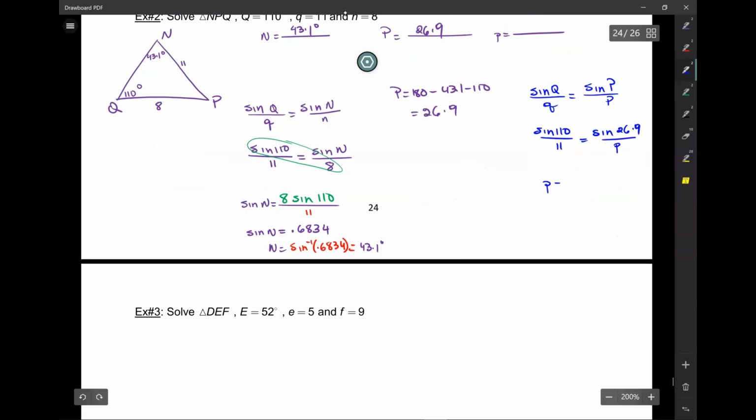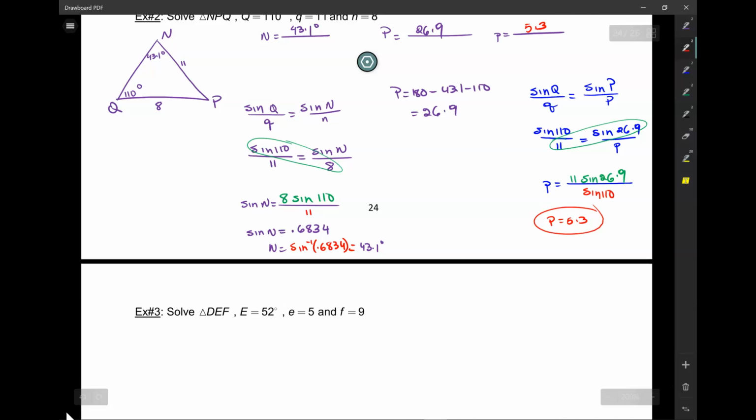So p is, what goes on top? 11 sine 26.9 over what we haven't used yet, sine of 110. Okay, so go ahead and plug that in. Okay, so 5.3 for this one.